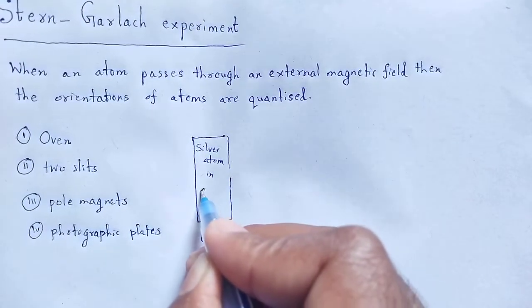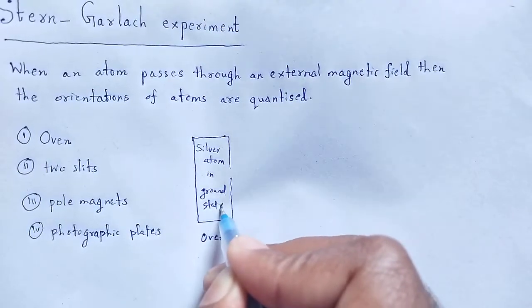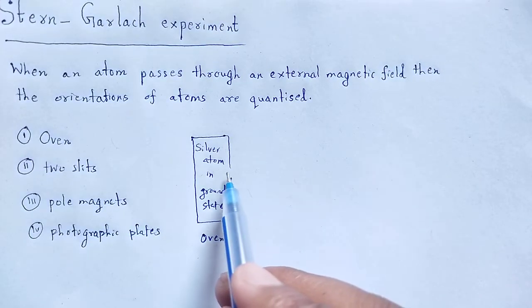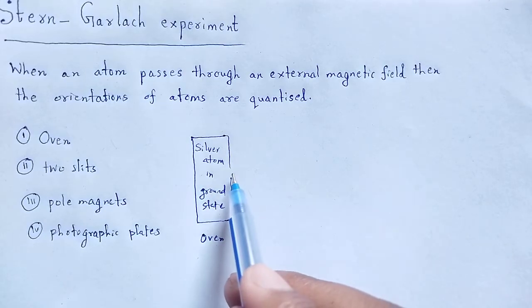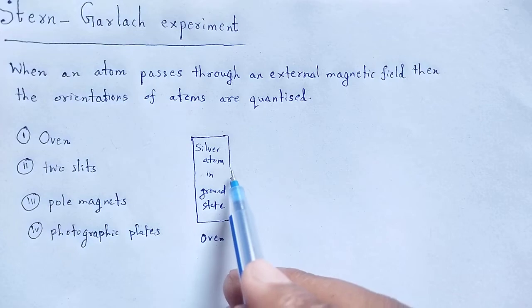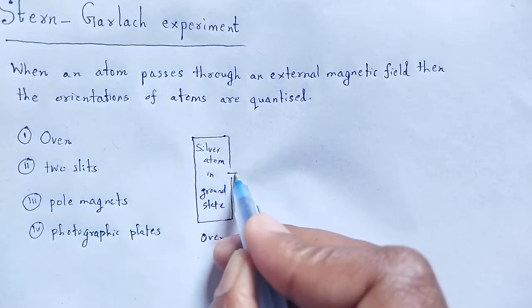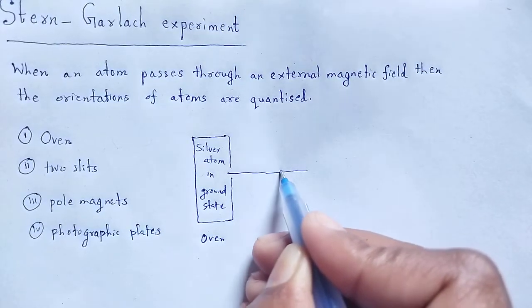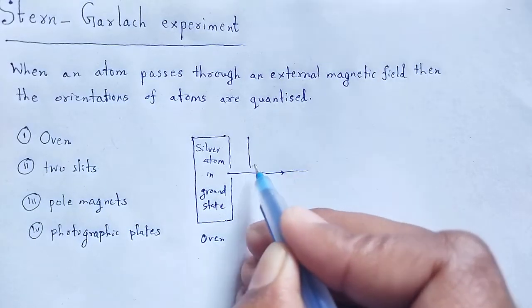in the ground state. The collimated beams of silver atoms are emitted from this hole, and these collimated beams pass through two slits.